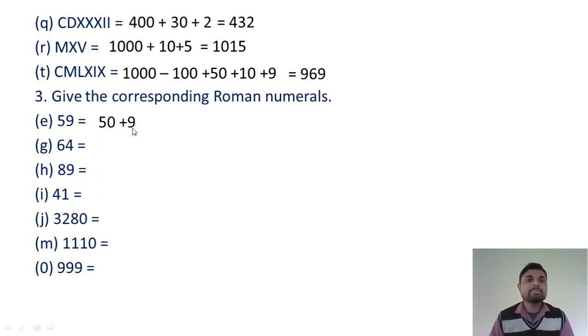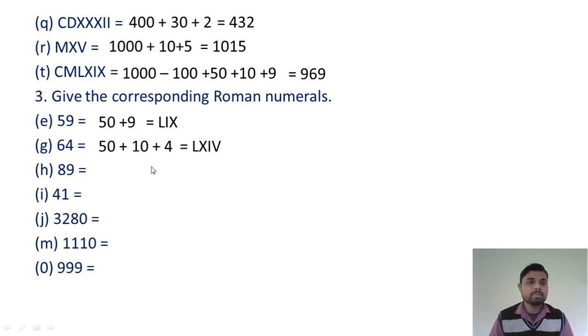L, and 9 is IX. So LIX. Is it clear? Next, 64. So 60 plus 4. 60 means what? 50 plus 10 plus 4. 50 means L, 10 means X, and 4 is IV. So L for 50, X for 10, IV for 4.